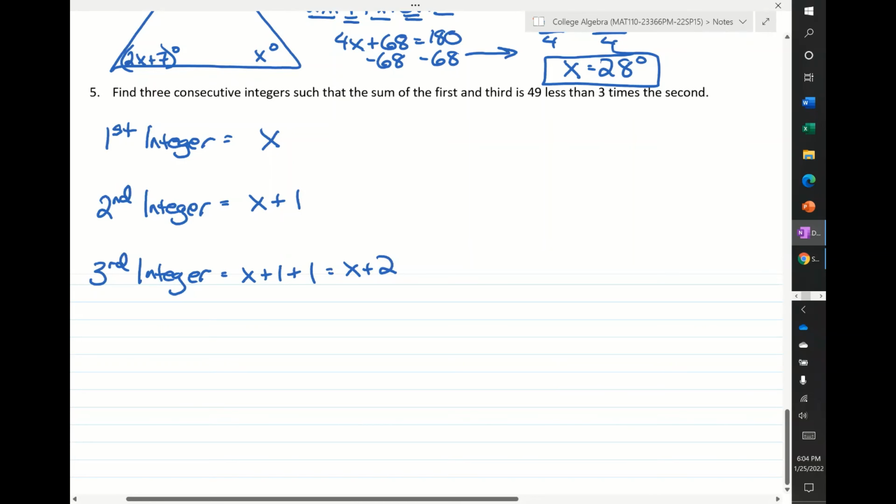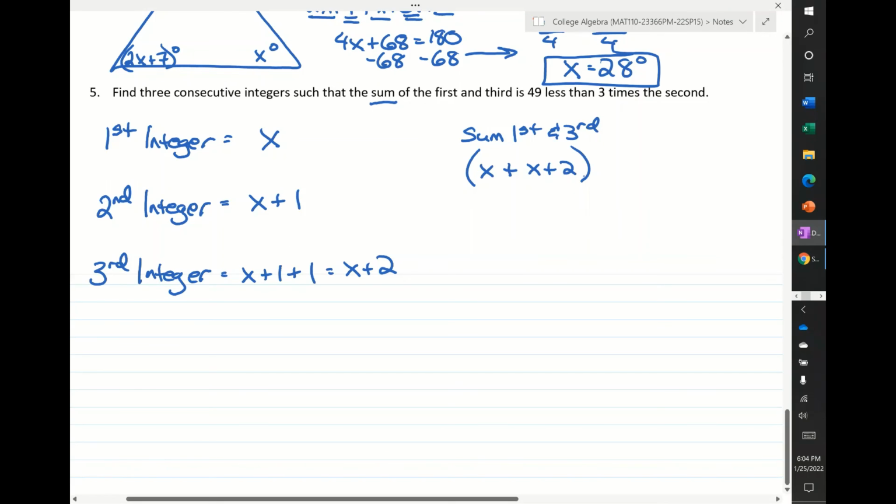So let's go step by step. The sum of the first and third. Okay, well, the first one is x. The third one is x plus 2.